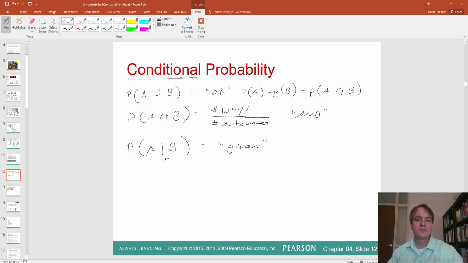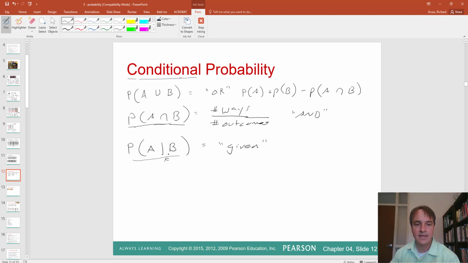Okay. So there's a difference between the probability of A and B and the probability of A given B. In this case, for this question, we're not given that either of them has actually occurred. We want to know what's the probability that they both will occur. But in this case, we're asking what is the probability of one event given that we know that something else has happened. So they're not the same.